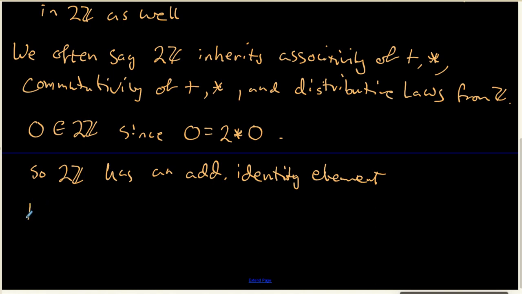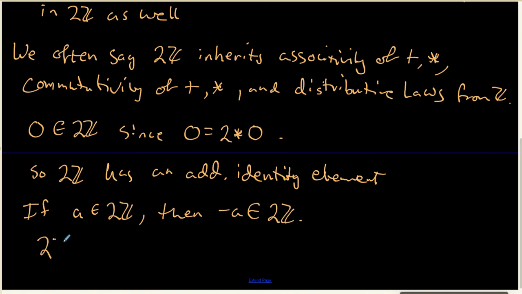And finally, I also know that if I take an even number and I look at its additive inverse, the additive inverse of an even number is also even, so minus a will also be in 2Z. And so I know that 2Z has additive inverses.